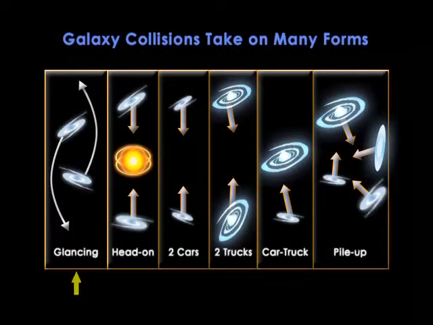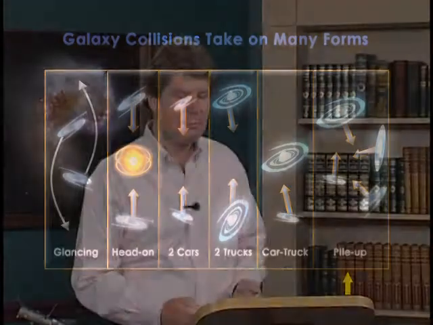Well, just like a car accident, there is a range of possible collision damage, depending on whether the impact is a glancing blow, or head-on, or on whether the collision involves two cars or two trucks, or a car and a truck. And sometimes, like on a foggy interstate, there can be a multi-car, multi-galaxy pile-up.